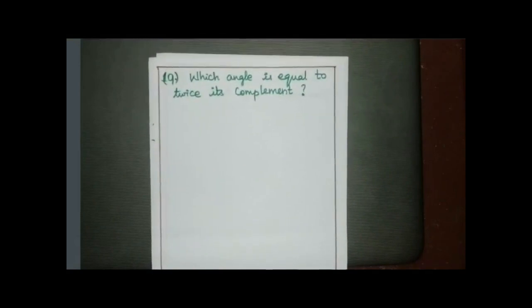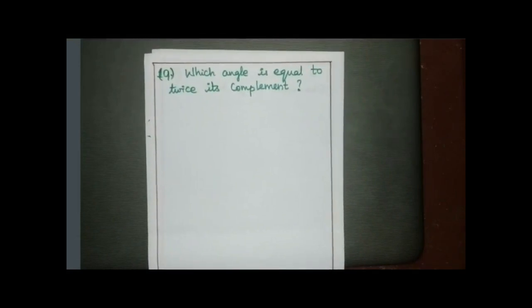Next one, ninth problem. Which angle is equal to twice its complement? What are complementary angles? Two angles are said to be complement to each other if they add up to 90 degree.